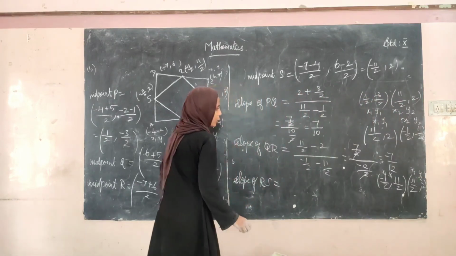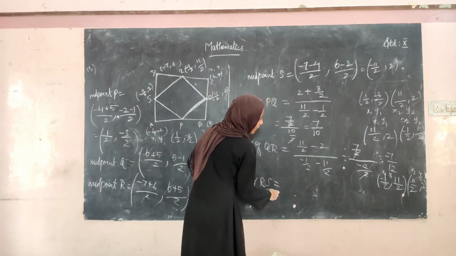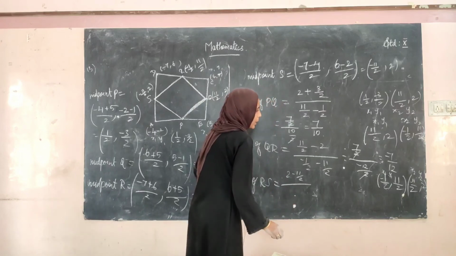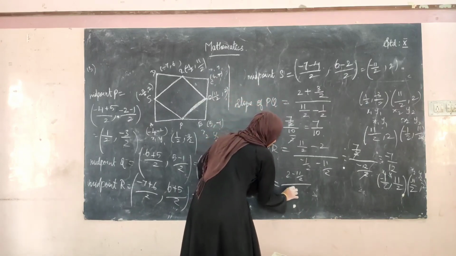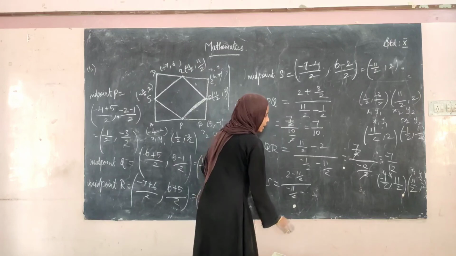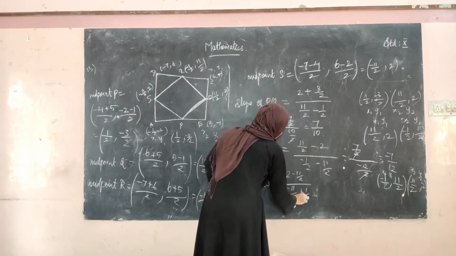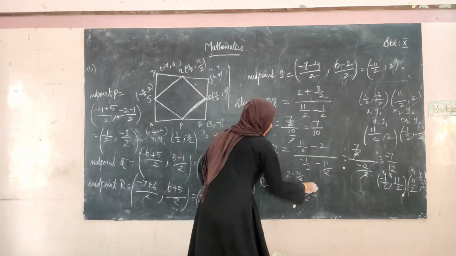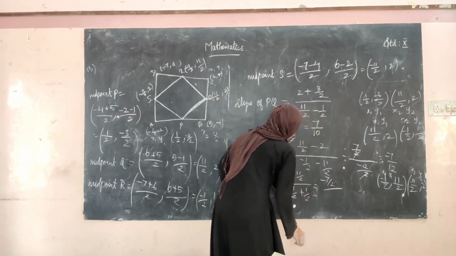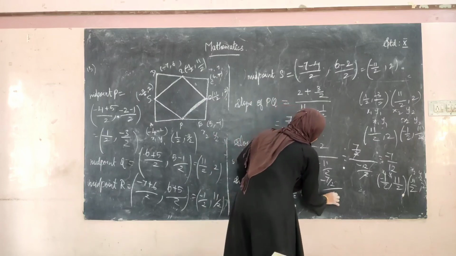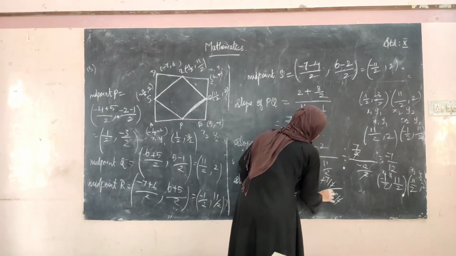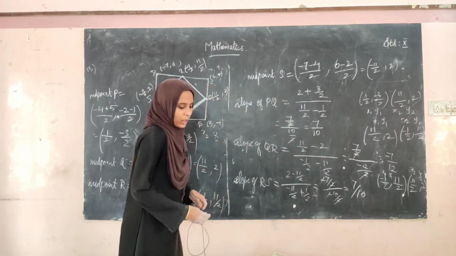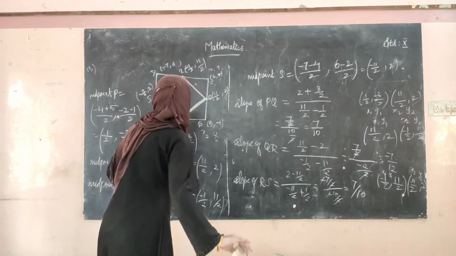Right, equal to y2 minus y1, which is 2 minus 11/2, whole divided by x2 minus x1. x2 is -11/2 minus x1, which is minus of 1/2. So it becomes plus 1/2, which is equal to, so 4 minus 11 is 7 by minus 7 by 2, divided by minus 10 by 2. So 2 and 2 get cancelled, plus and minus get cancelled. The answer is 7 by 10.